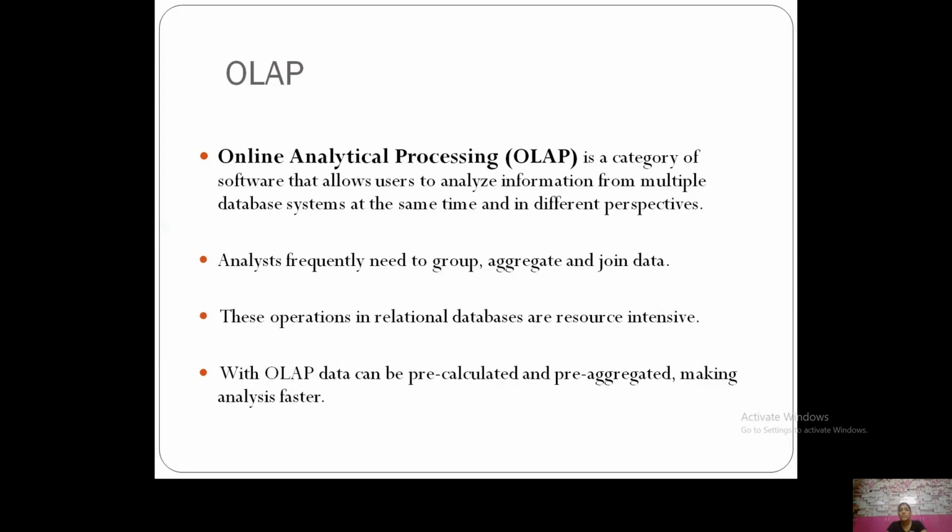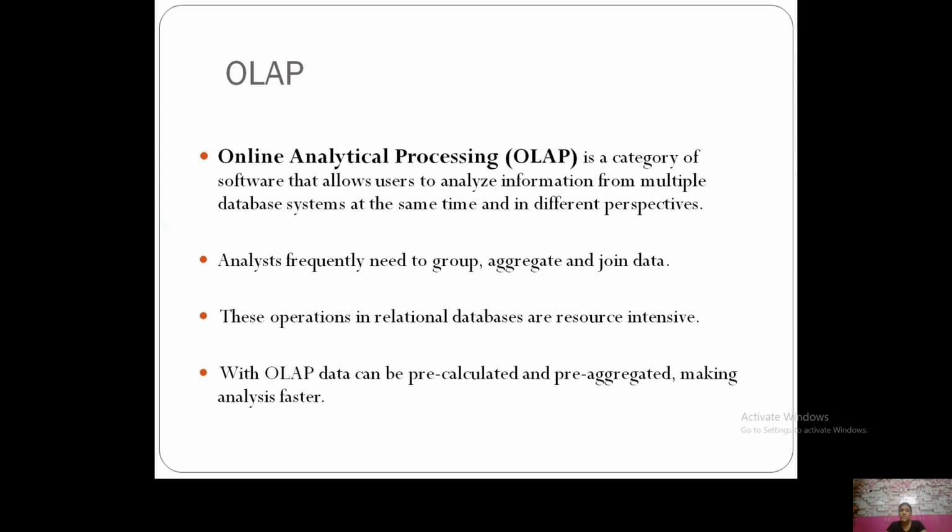OLAP. OLAP means online analytical processing. This is a process used to analyze the data which we have stored in the data warehouse or a data lake. This is a category of software that allows users to analyze information from multiple database systems at the same time and in different perspectives.